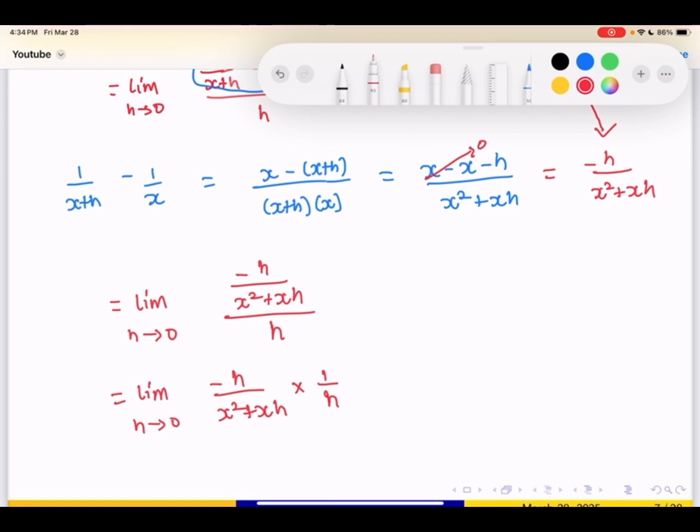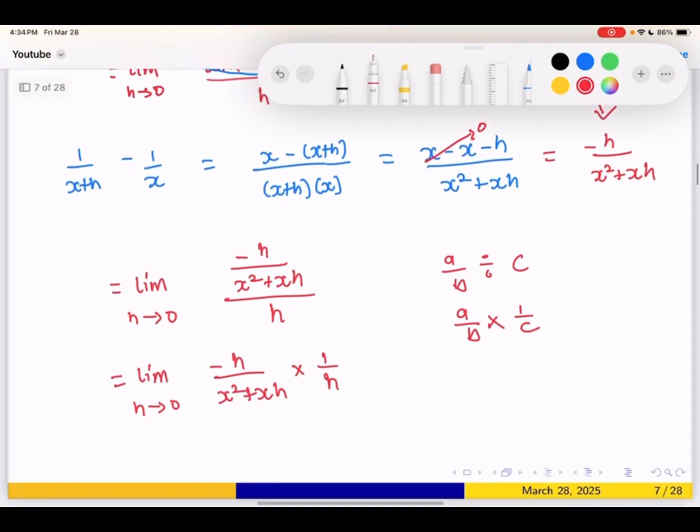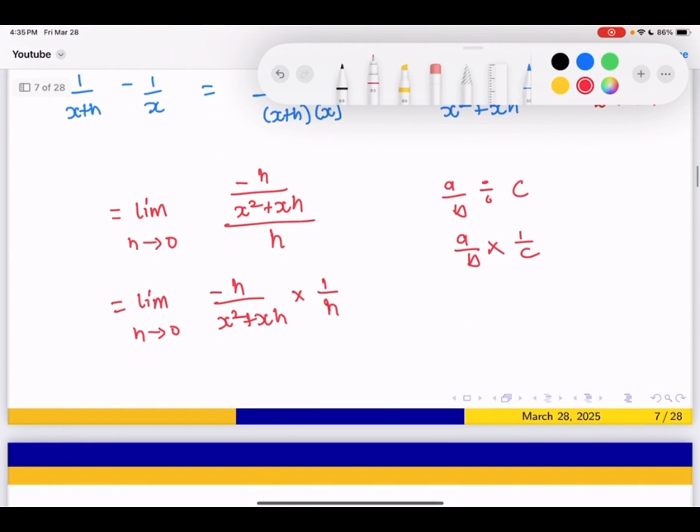It's multiplying because when we have, let's say, a on b divided by c, we are going to have a on b multiplying, then we invert the c, so that will be 1 over c. So we just apply the same idea here. So here this h will cancel out this h, so we are going to have the limit as h goes to 0 of minus 1 on x squared plus xh.